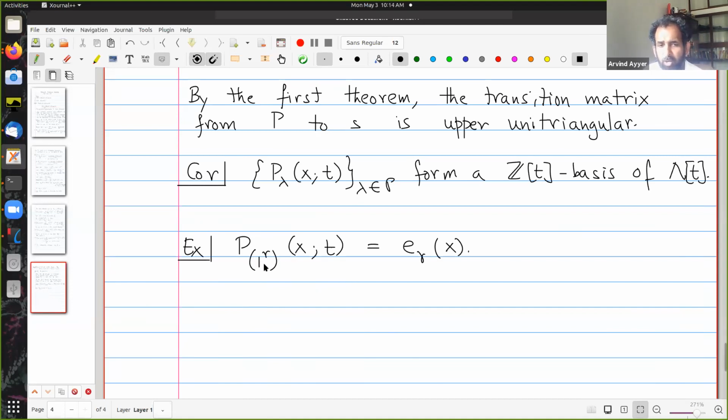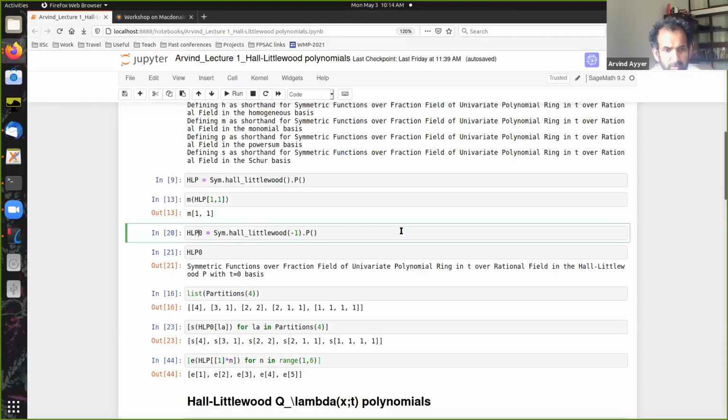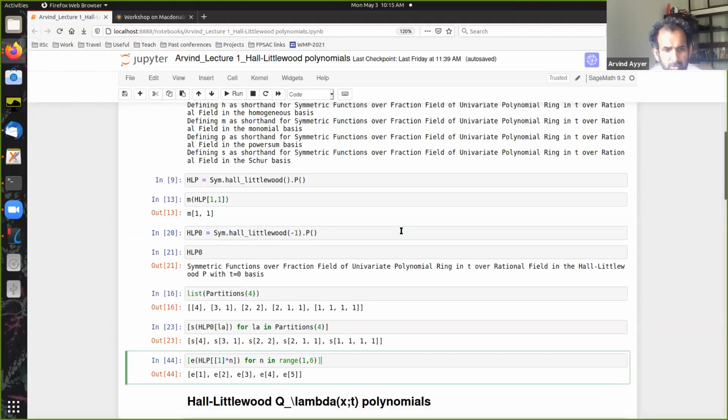So when you have all ones, like in our first example for size 2, the factor of t will only be outside, and then you will get an elementary symmetric function. So this was what I added over here. So this is another check.